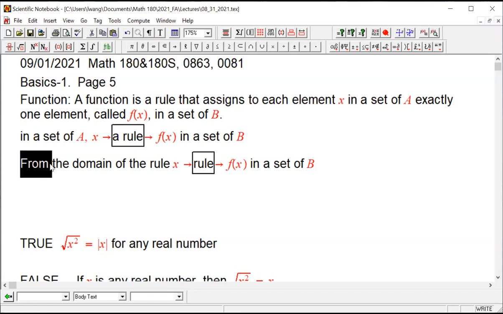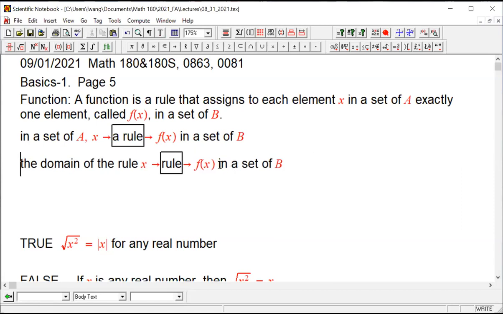If this is the domain, that will be in the range. So once we have a rule, naturally we'll be asking, what are all the possible numbers this rule can apply to? If we gather all of those numbers that this rule can apply to, that makes the domain, and the consequence of applying the rule to all possible numbers makes the range.